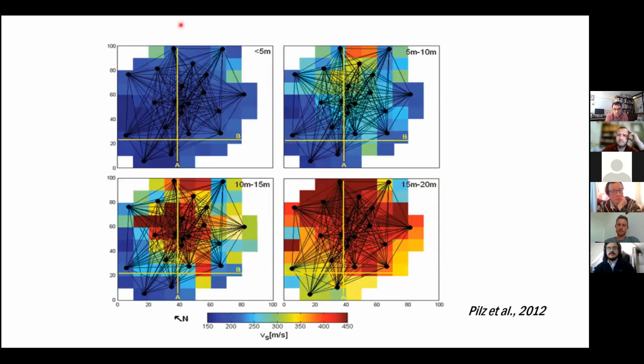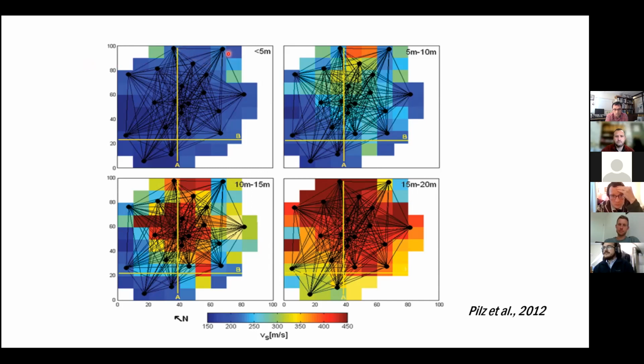So here we see a 3D S velocity model from the Pilz et al. 2012 research. This study site is located in Northeast Germany, and here we see 2D layers of the 3D soil model they generated.